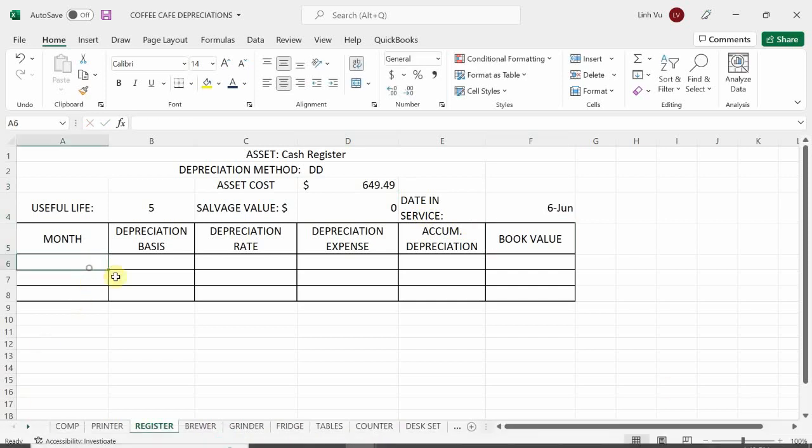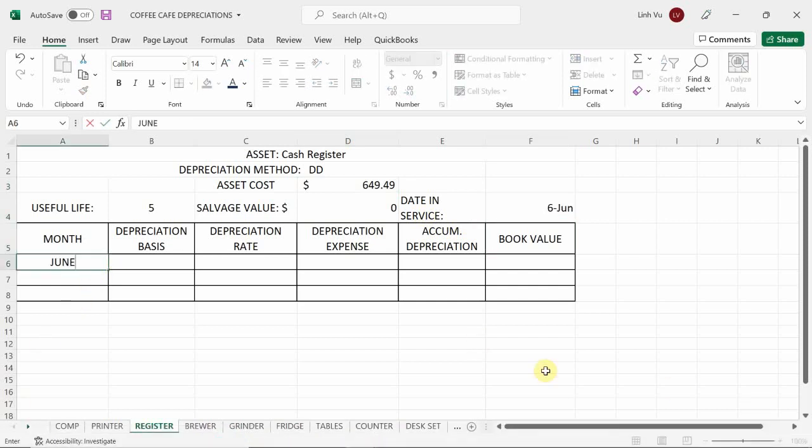So therefore, yes, we are going to be depreciating it for the month of June, right? Depreciation basis is going to be your asset cost for the first one, not the beginning of the year book value, but it is the beginning of the year book value for the next month, right? 1 divided by the estimated useful life times 2, which, right, is 40%.